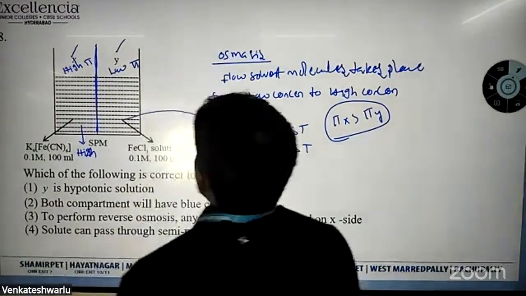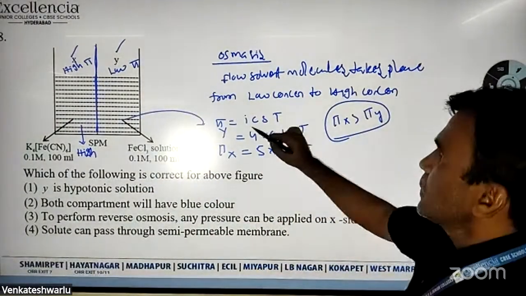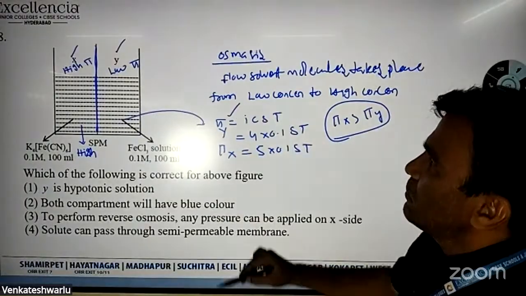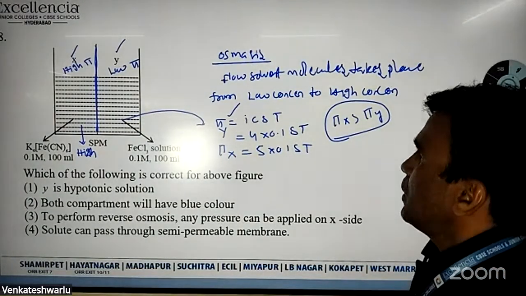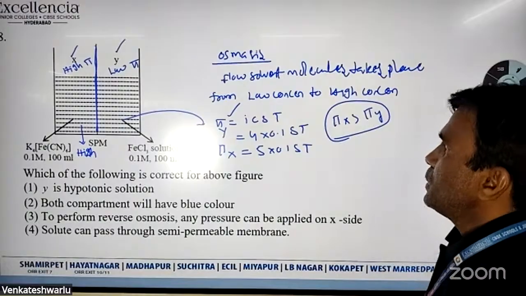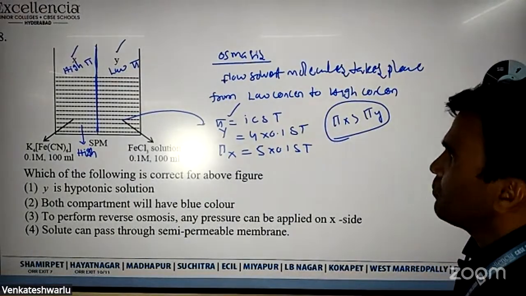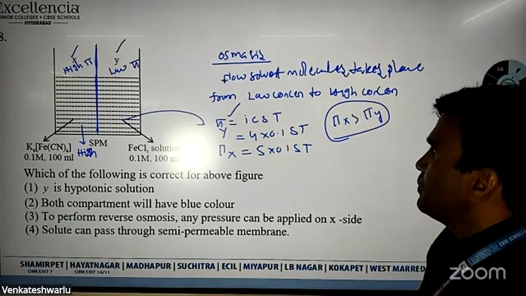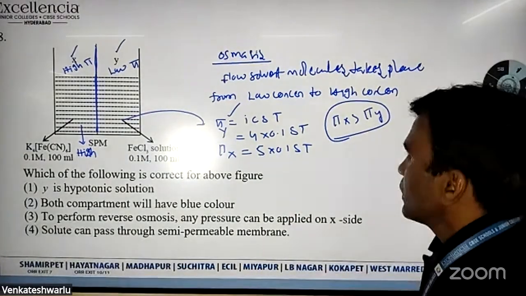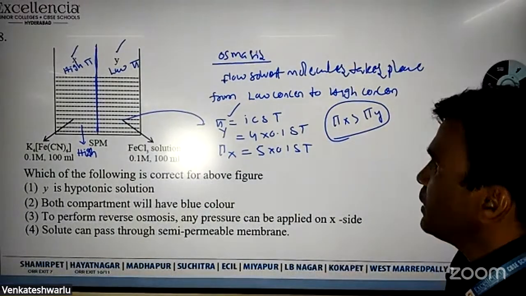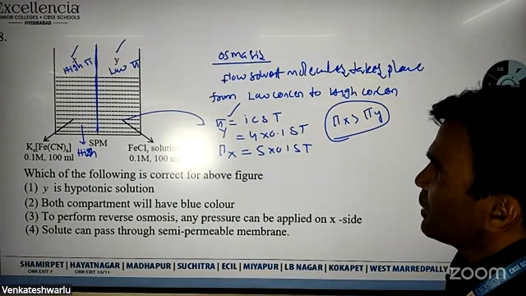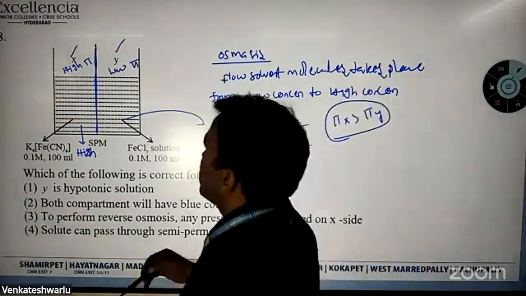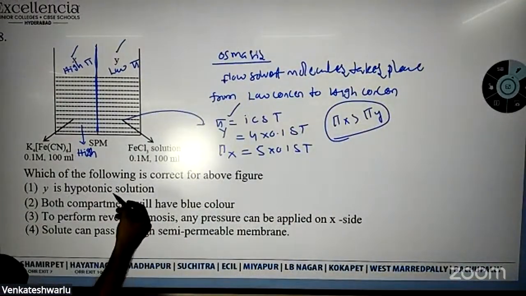So once again we see here, in the first case of Y, osmotic pressure is equal to i into C into ST. The number of particles is 4, right? Here the number of particles is 5.